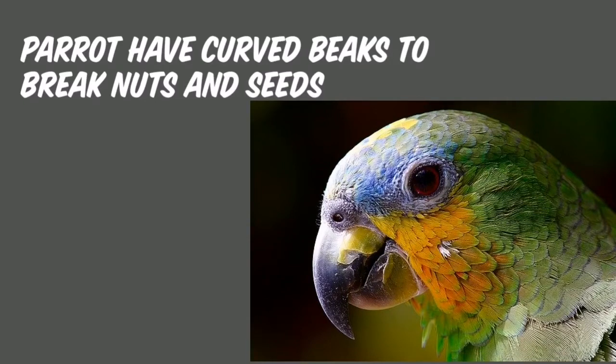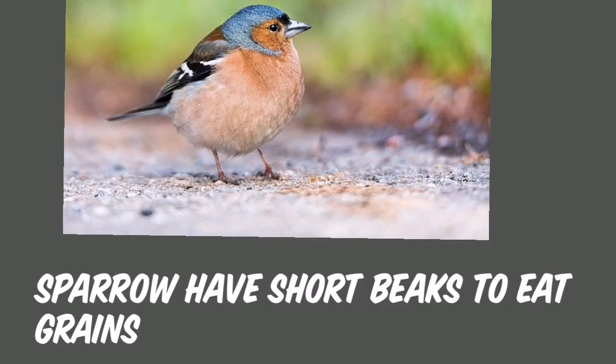Birds like parrot have a short curved beak to break the nuts. And birds like sparrow have a very short pointed beak to collect the seeds and grains.